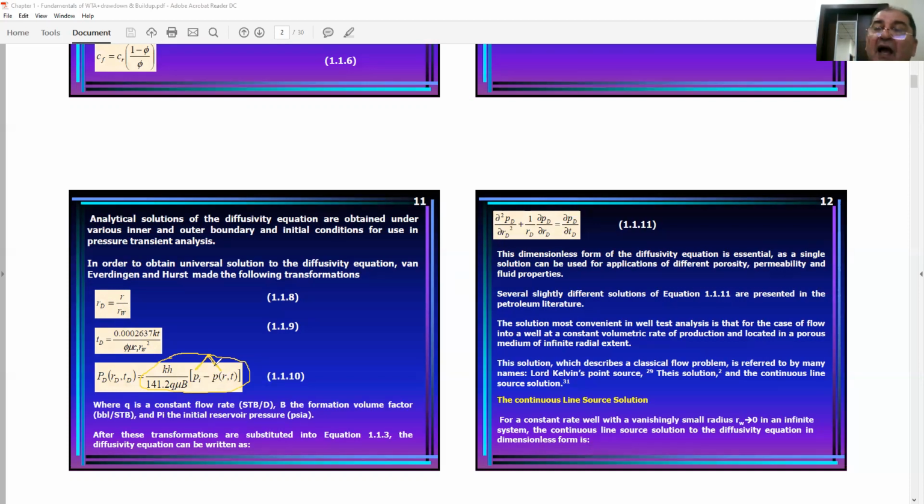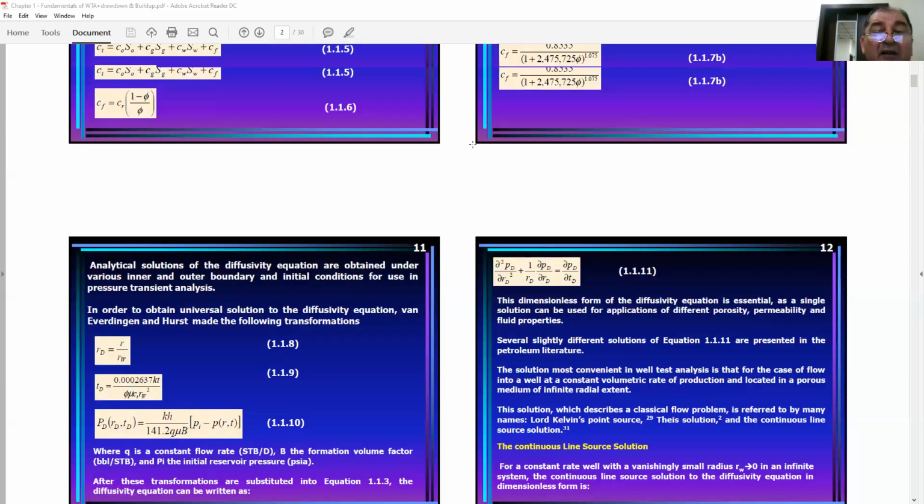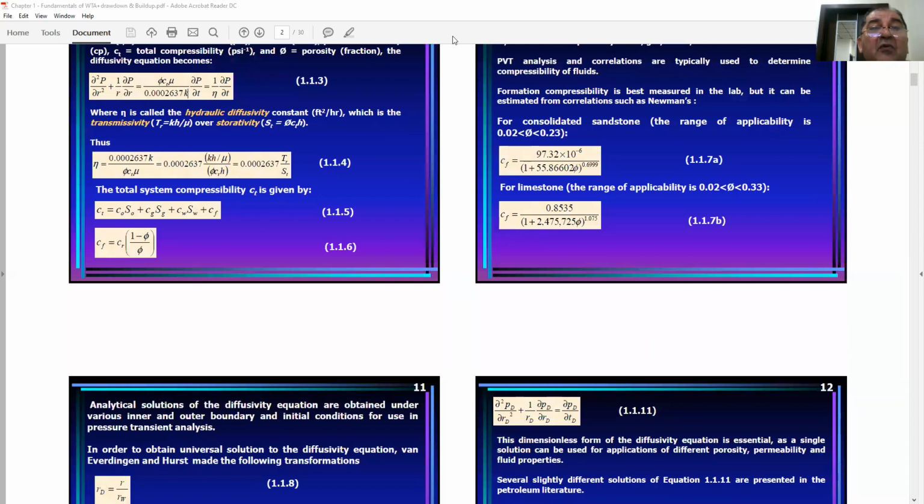Now, I wish all of you could do this. Knowing that we have these three parameters, how can we move, if you can do it this week, from this shape here to that shape here? This one is the same diffusivity equation, but in dimensionless parameters.